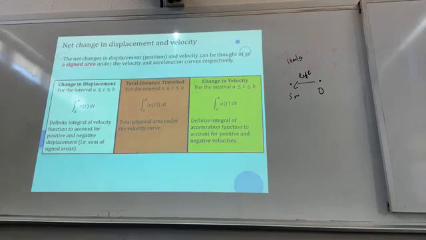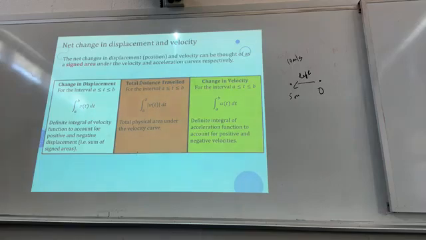So the displacement is actually the positive plus the negative, and you may come up with a negative value because the displacement is on the other side. So what you need to think about, the change in displacement, is the definite integral of the velocity function to account for positive and negative displacement. So it is a sum of the signed area.